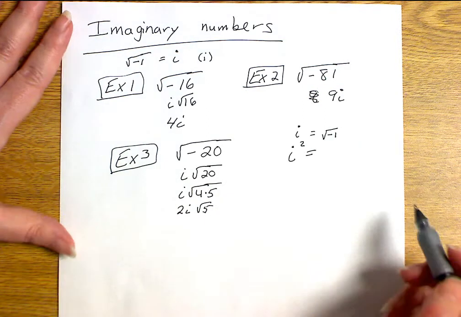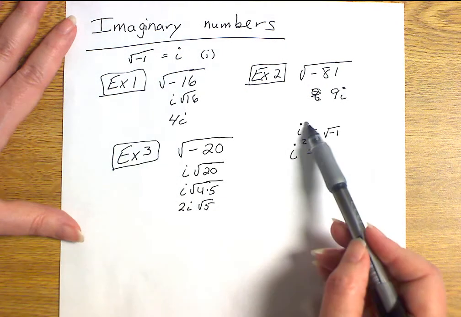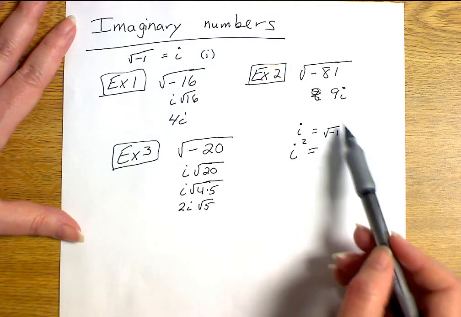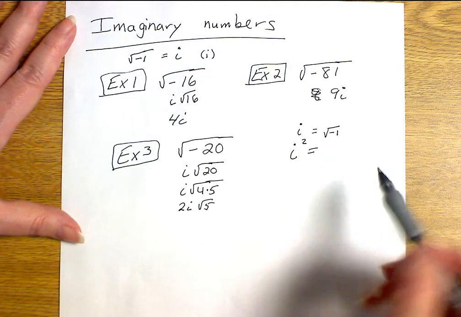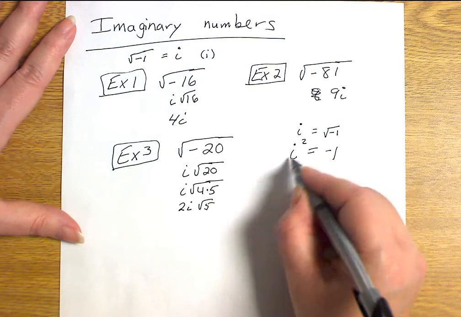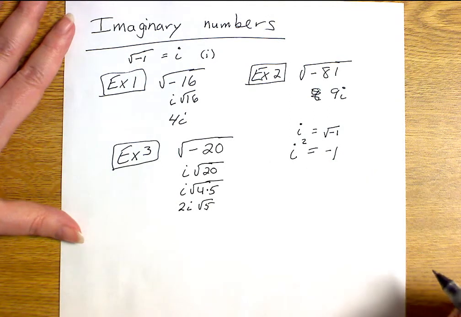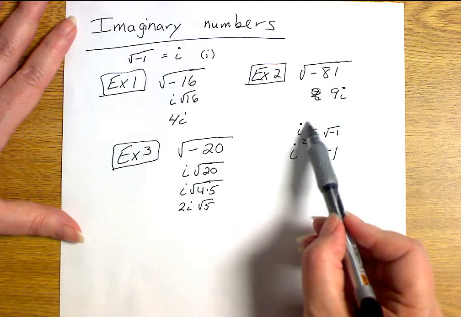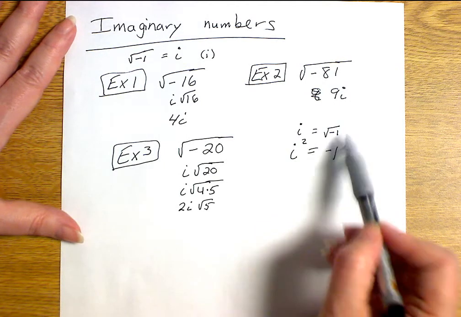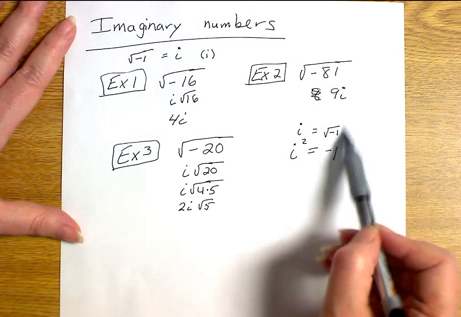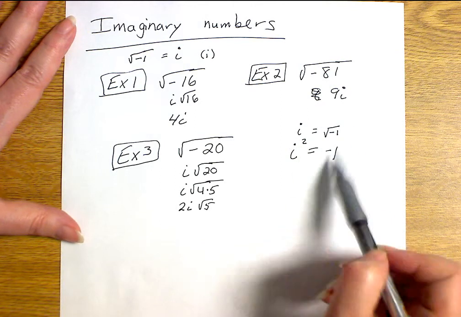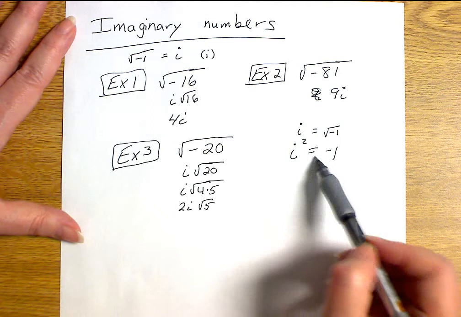So if I square i and I square this side, what would it be? -1. The square would cancel out the square root, leaving negative 1. So i squared is equal to negative 1.